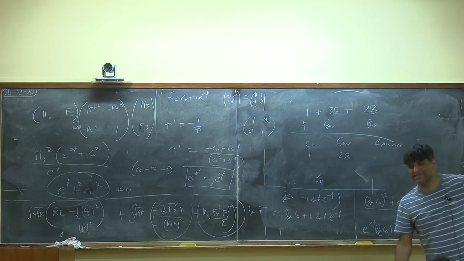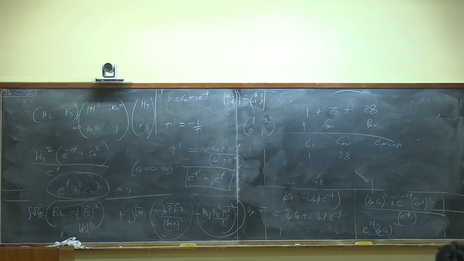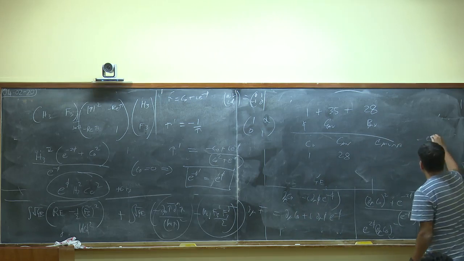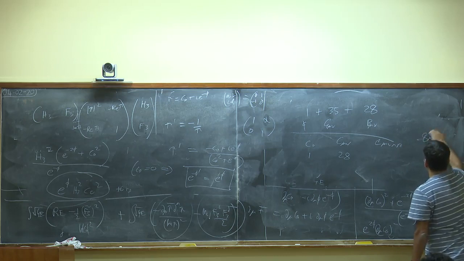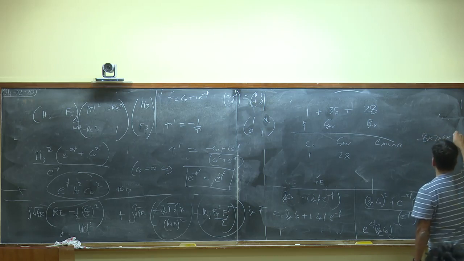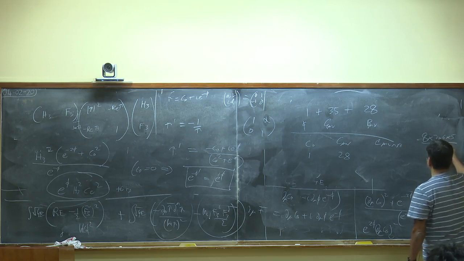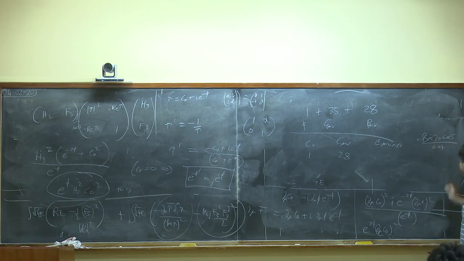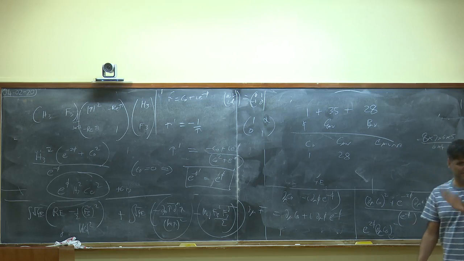Now, let's look at this. This guy has 8 times 7 times 6 times 5 by 6 times 4 by 4 factorial, but by 2 because it's self-dual. The self-duality cuts down half of the degrees of freedom.